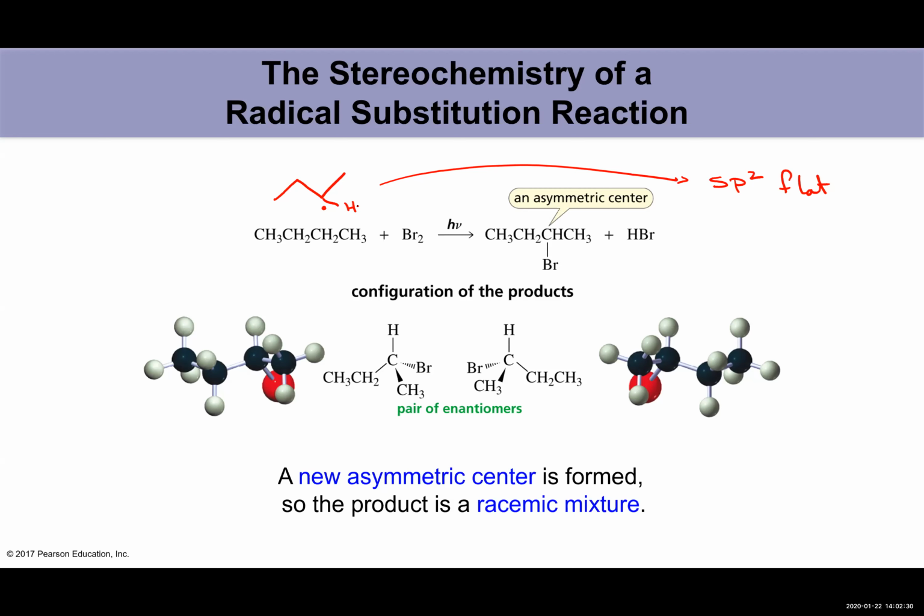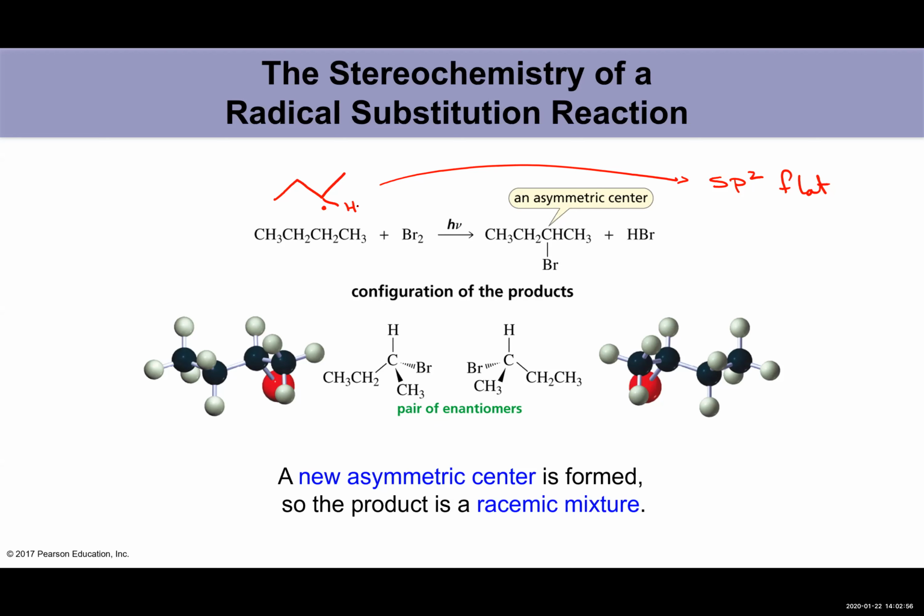It turns out it's flat because, remember VSEPR theory, this one electron doesn't have enough repulsion to push everything out of the way. So it ends up being flat, and when you add the group to this flat intermediate, it can add from either side, and so it ends up being a pure racemic mixture.